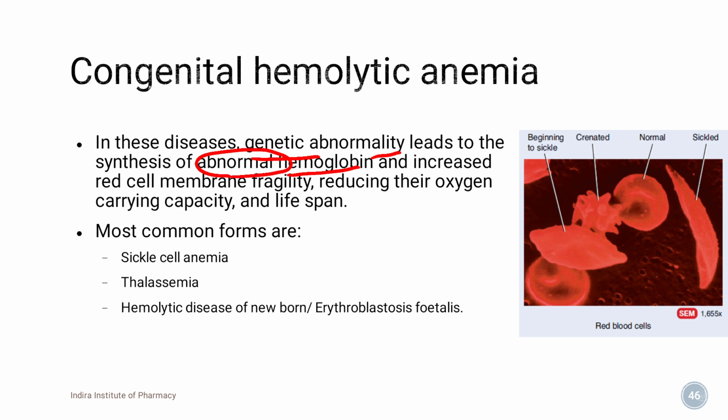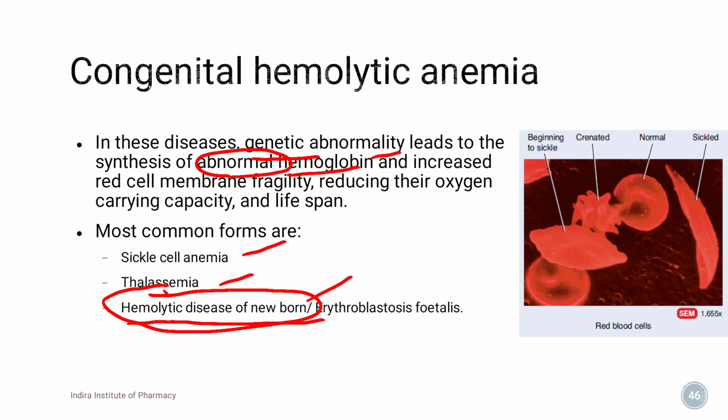The most common types are sickle cell anemia, thalassemia, and hemolytic disease of the newborn. We are going to study these diseases in detail because they are mostly asked in the exam and are mentioned in your syllabus.